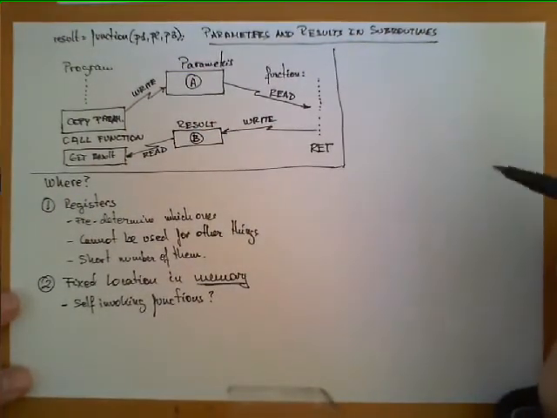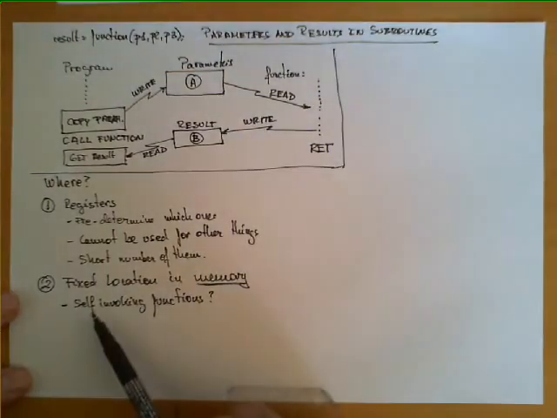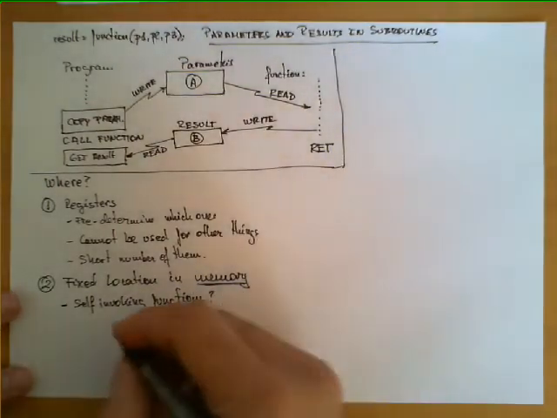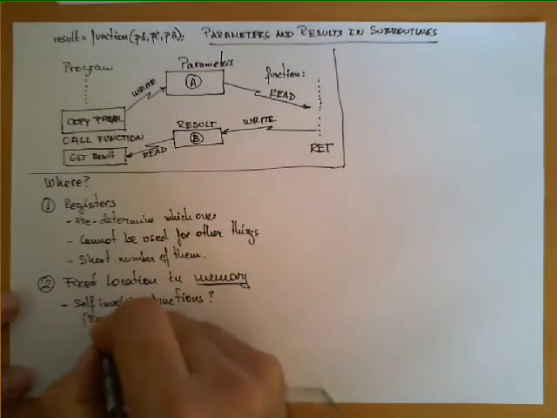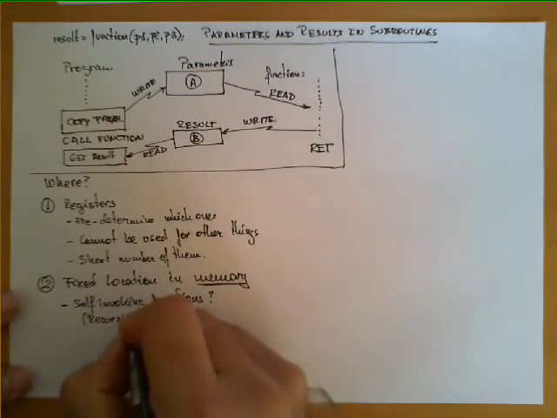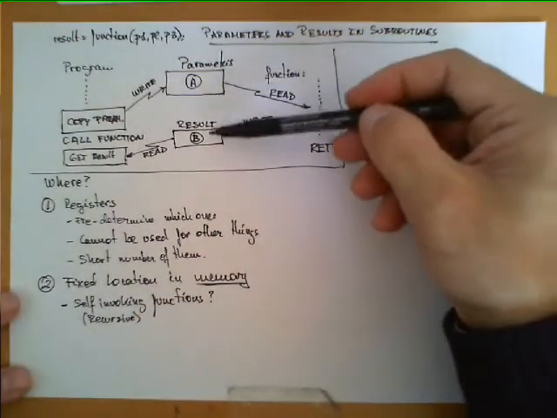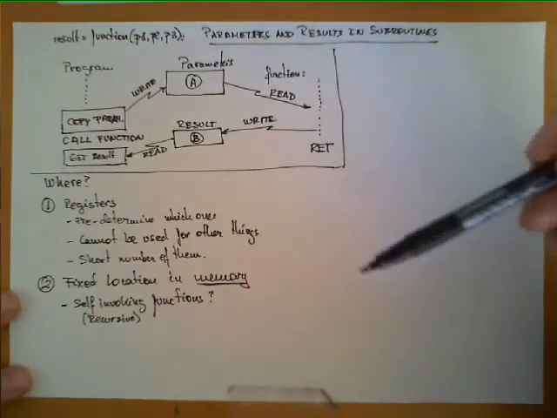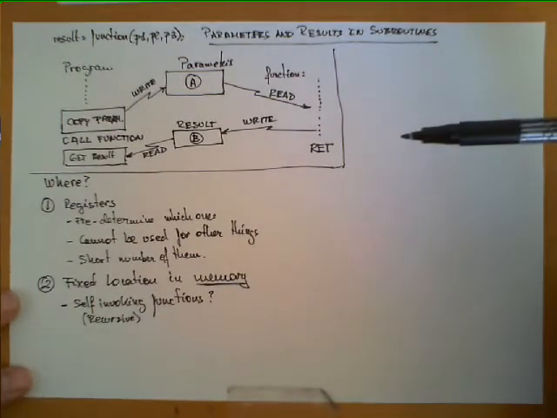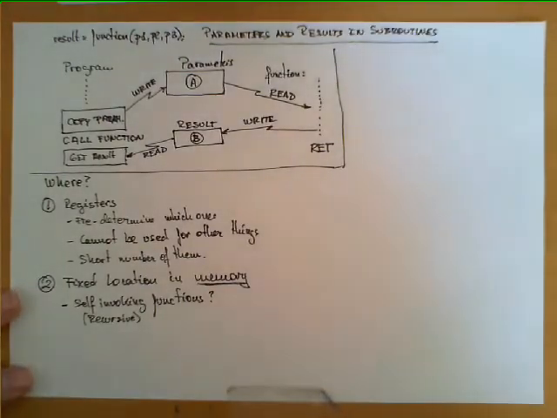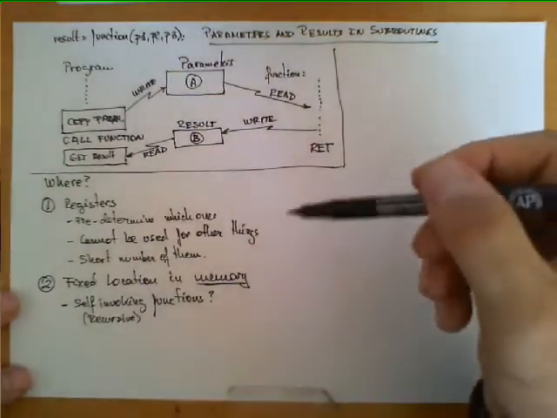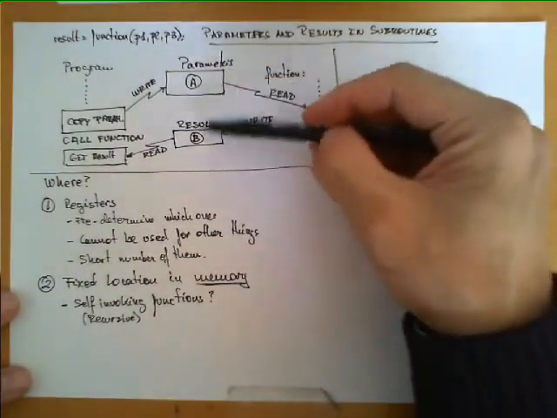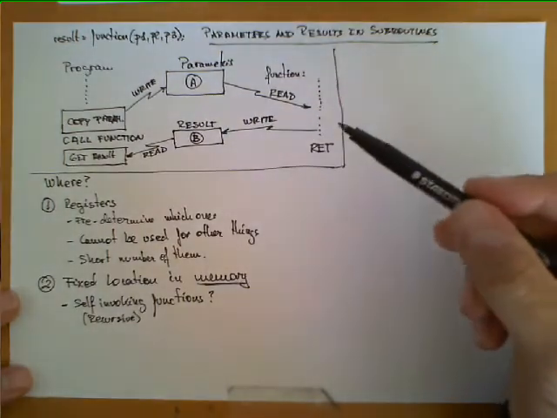And this gets even more complicated when functions invoke themselves, what we call recursive functions, because then we need as many of these areas as invocations of the function that are still pending to finish. So as you can see, we have an issue: we need several areas in which to replicate a certain structure which is fixed.